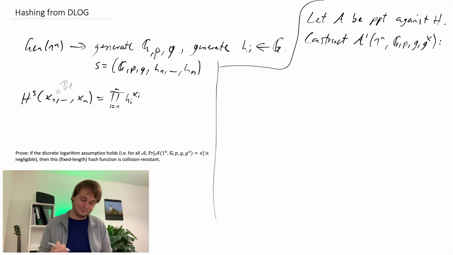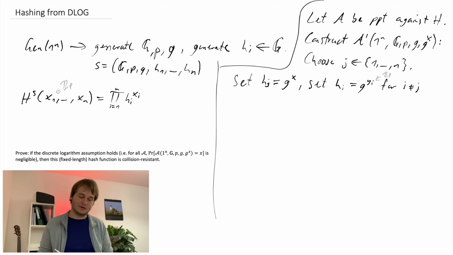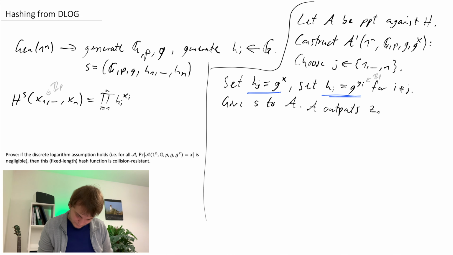So we're guessing. So what we're doing is we smuggle in our g^x as h_j, and then we set all of the other h_i to be just g^{y_i} for some y_i's that we choose randomly. So then we give s with all of these values to A. So A then tries to output a hash collision like that.